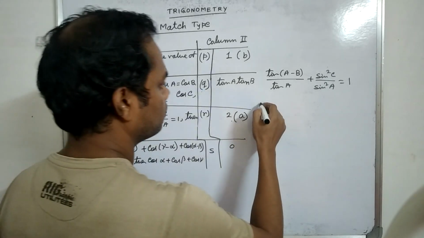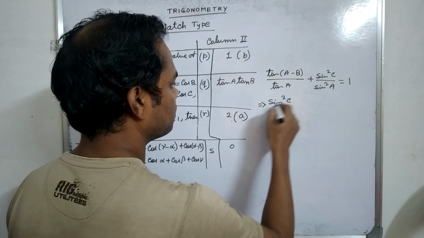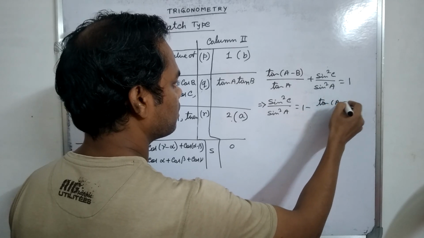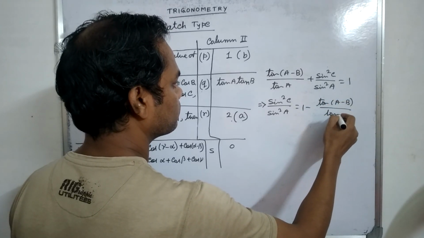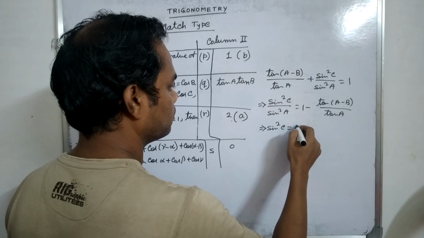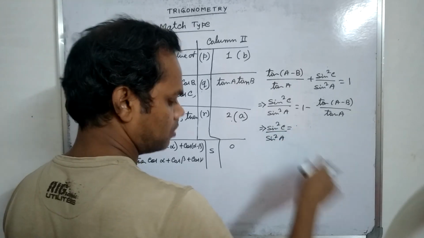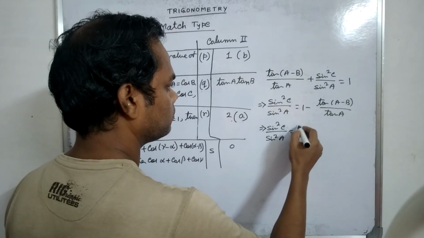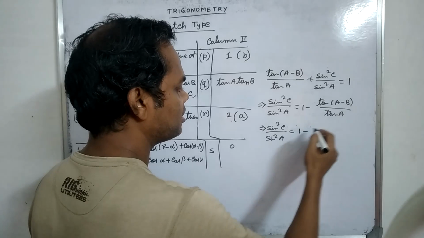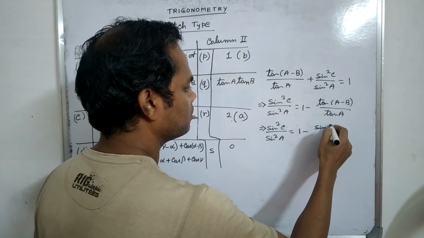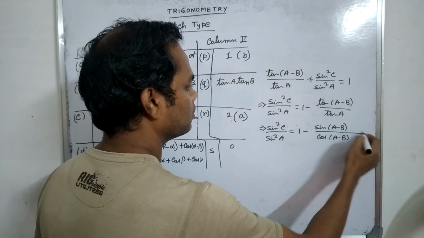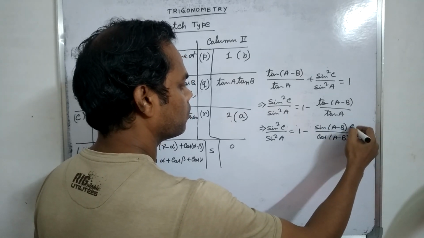So this one can be written as sin square C by sin square A is equal to 1 minus tan (A minus B) by tan A. Tan (A minus B) can be written as sin (A minus B) by cos (A minus B), and tan A can be written as sin A by cos A.